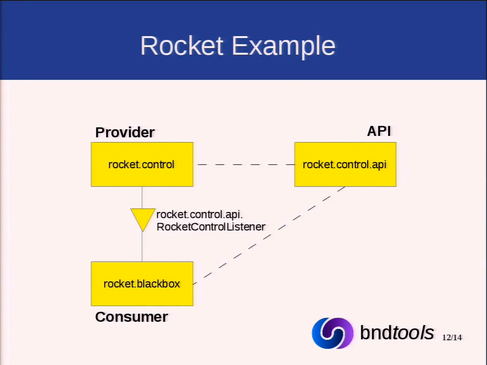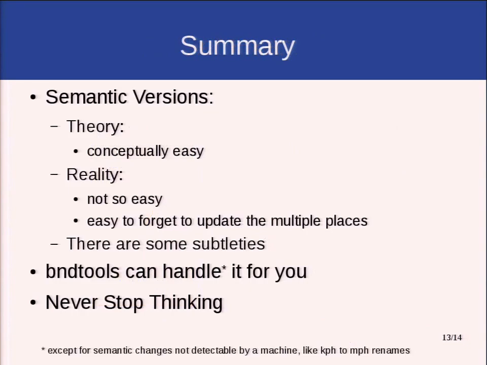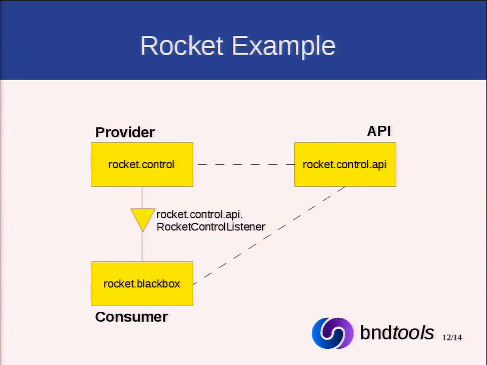Then we have a consumer, a black box, a logger, whatever you want to call it. I called it a black box. It uses the Rocket Control Listener interface, which the Rocket controller uses to log messages. Obviously, it also needs the API. So now we go to the demo.